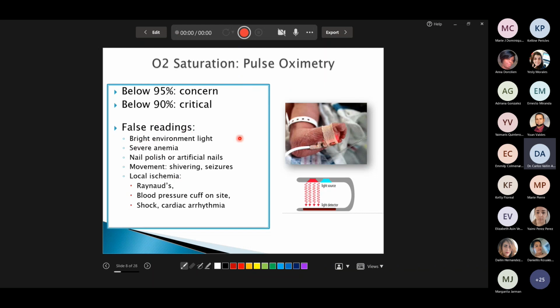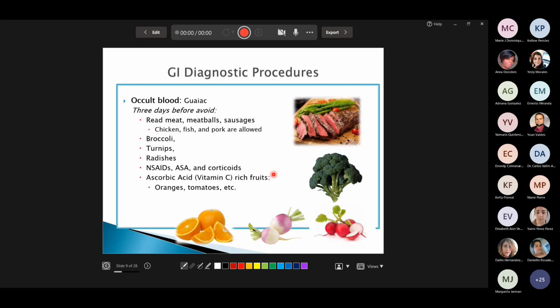A very bright environment light, severe anemia, nail polish or artificial nails, movement, shivering, seizures, or local ischemia where the probe is placed. Remember, the probe can be placed on the forehead or the ear lobule; it does not necessarily need to be placed on the finger.